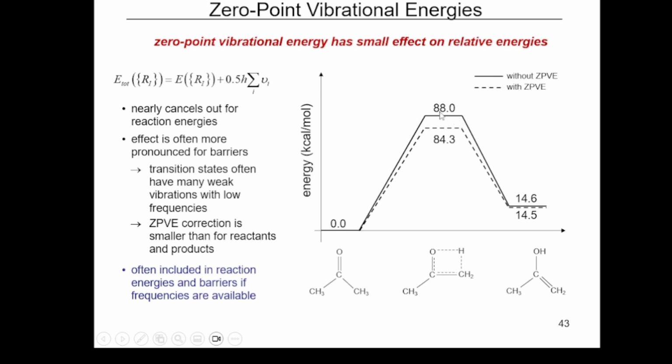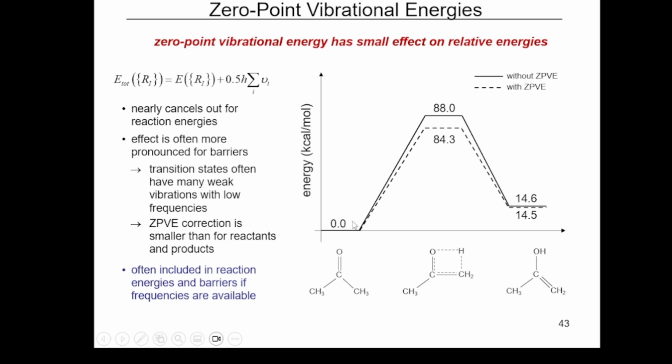So the take-home message is that for reaction analysis, if you're trying to study the reaction profile, it is better to include zero-point vibrational energy for a better estimation of the activation barrier.